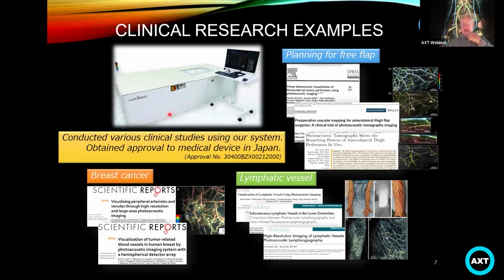As I said earlier, the first system from which the preclinical has been derived was for clinical research, and currently there have already been some studies done on this in three major areas. One looking at planning for free flap, which is actually for looking at the quality and viability of tissue for tissue generation, breast cancer investigations, and also investigations of lymphatic systems.